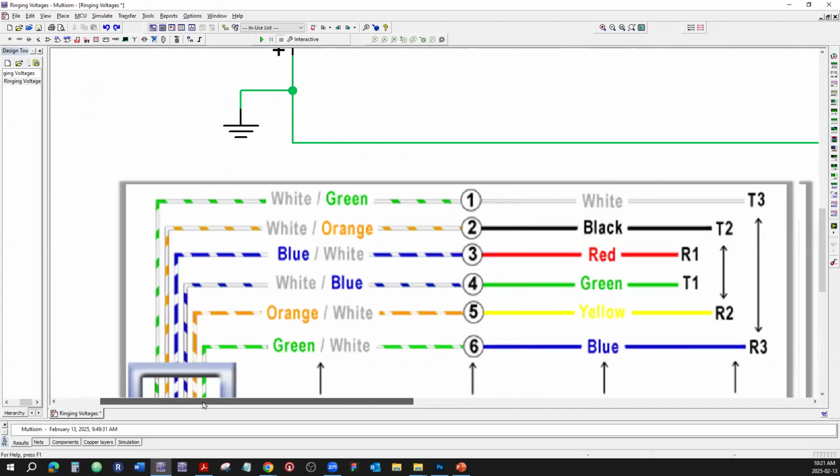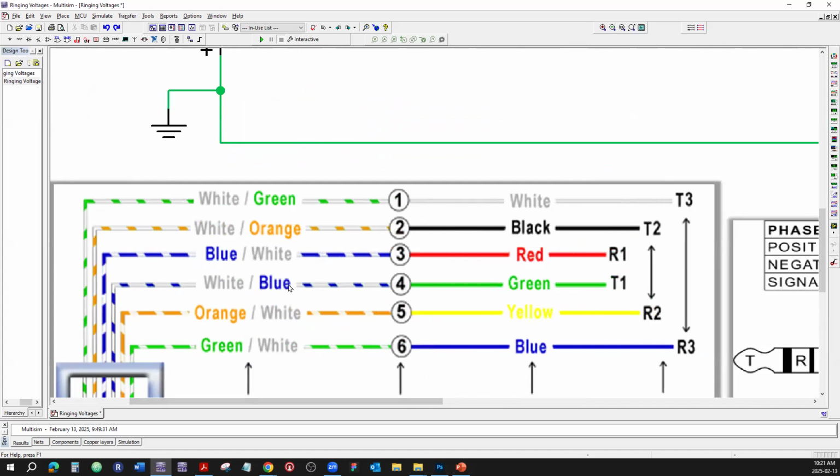The new color code is because we can use the Ethernet cable, 4 pairs, to carry the phone pairs. And the Ethernet cable has 4 pairs: blue, orange, green, brown. And if we just use 3 pairs, we're just going to use blue, orange, green, and we're going to ignore the brown pair.